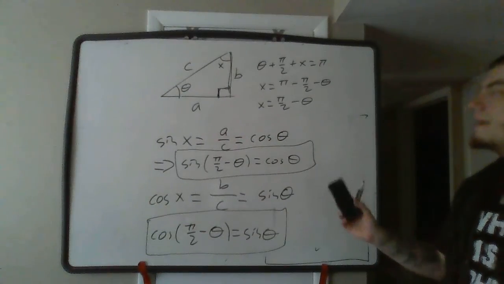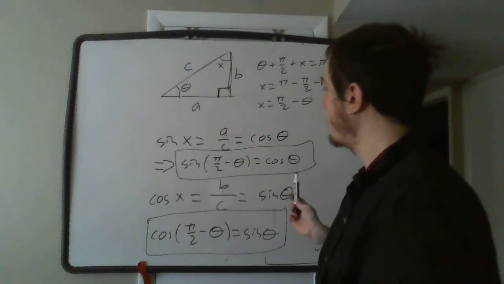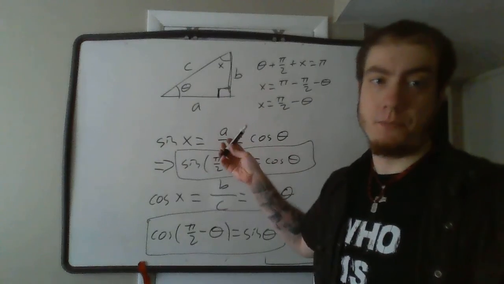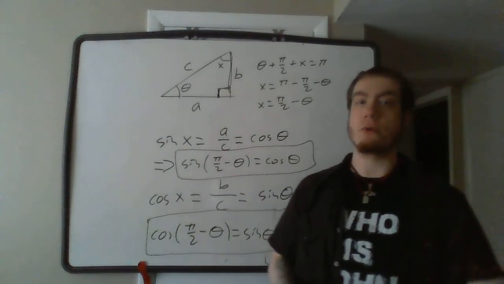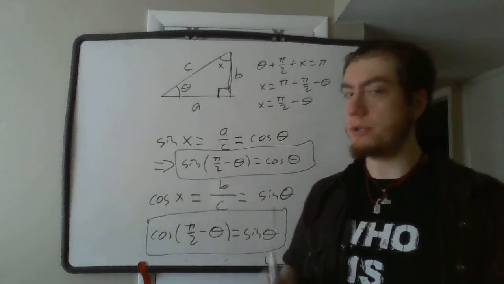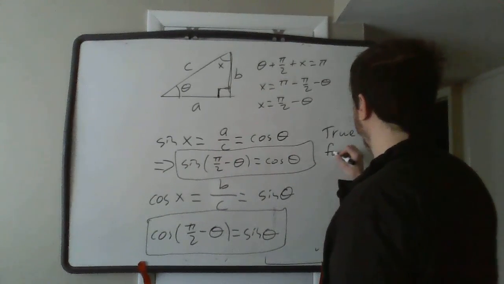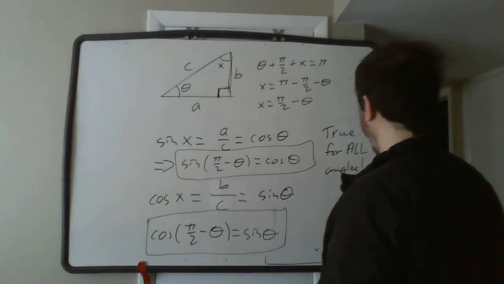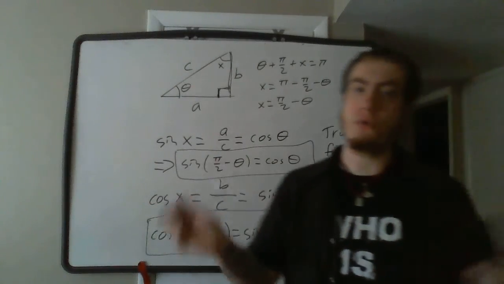Now, I do want to say, I only proved this for angles between 0 and pi over 2. We did not show that this has to be true for general angles. However, it turns out that this is actually true for all angles. And I'm not going to show you the proof of that. You can prove it geometrically.